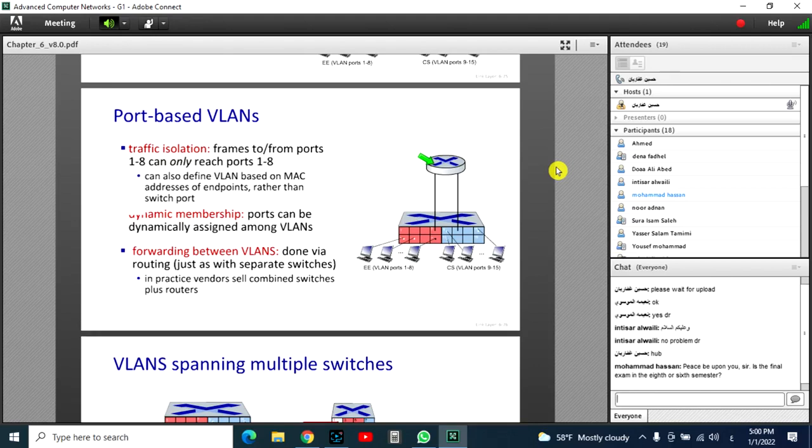Using this strategy, I can forward the information between different VLANs.